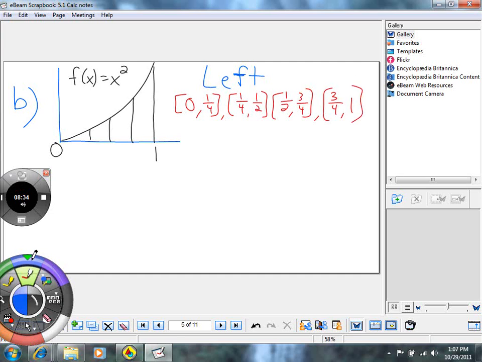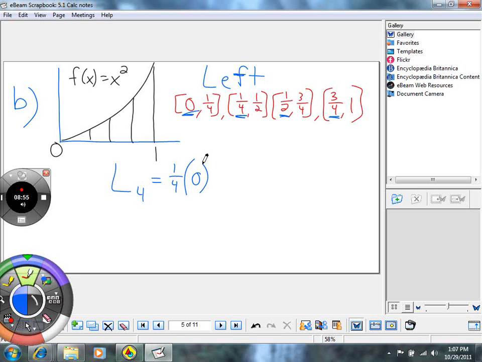Okay, so as tall as my left ones are these. So these would be the ones that I would plug into the function to get the heights. And other than that, it's exactly the same. So this would be L sub 4. The interval width is 1/4. And I would plug in the 0.